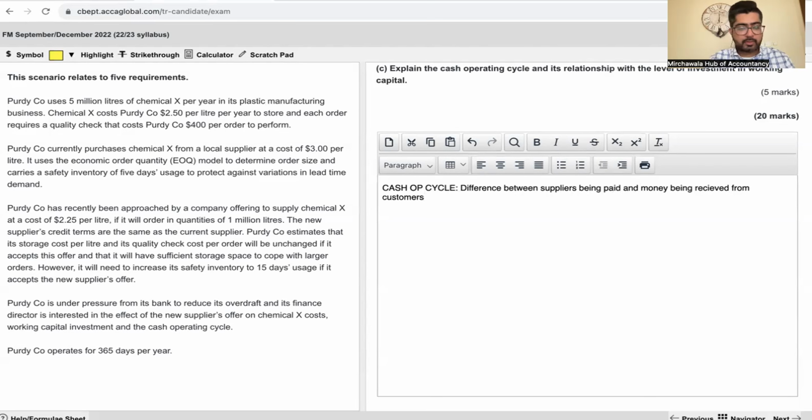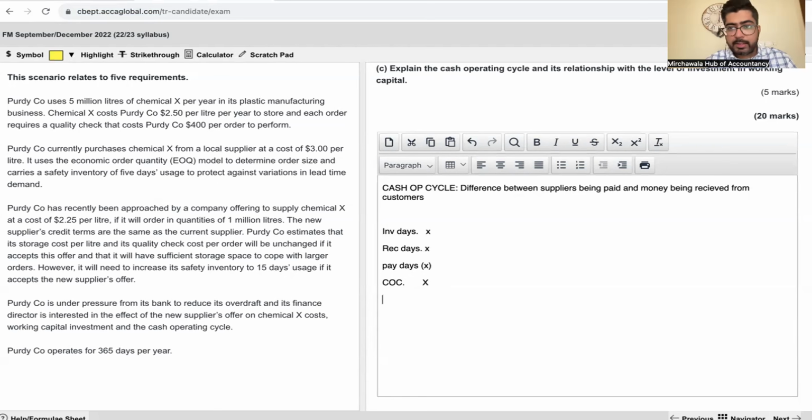Okay, so this is the cash operating cycle, the difference between suppliers being paid and money being received from customers. Say inventory days, add receivable days, less payable days. You get the cash operating cycle, and this tells basically for how many days you are likely to face shortage of cash, right?